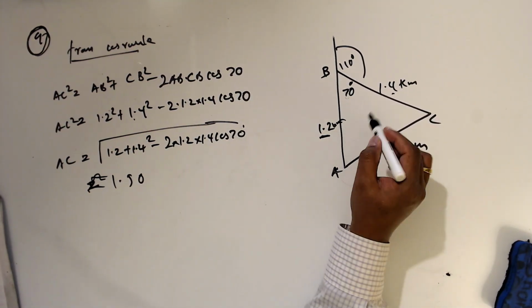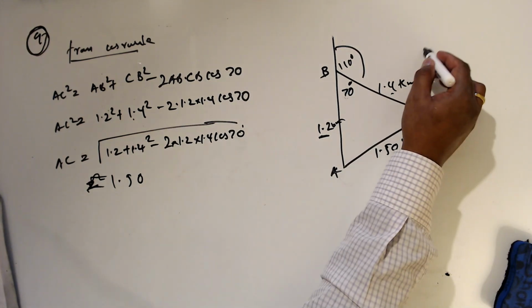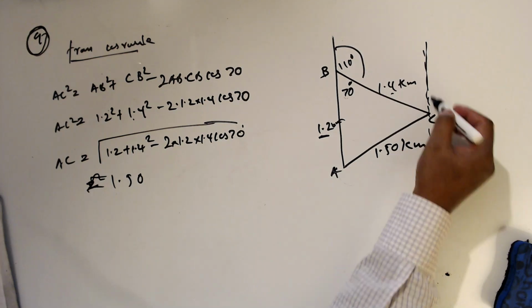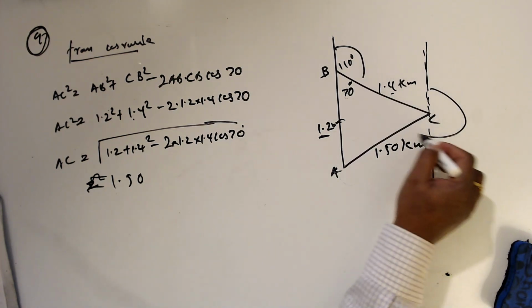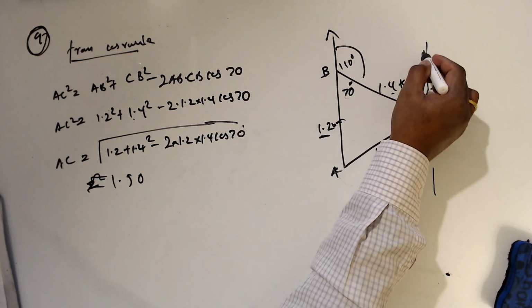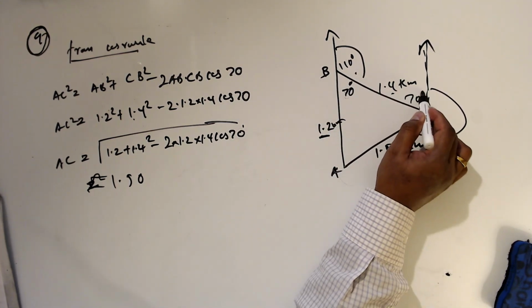Now actually we can work out the area third part, but the second part is they are asking the bearing of A from C. So I need to find this angle. Those are two parallel lines. This is 110, or this is Z angle, this is 70.